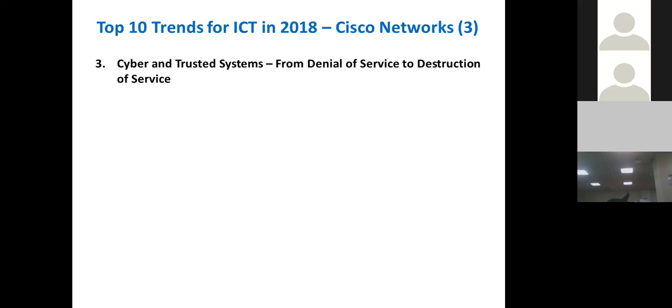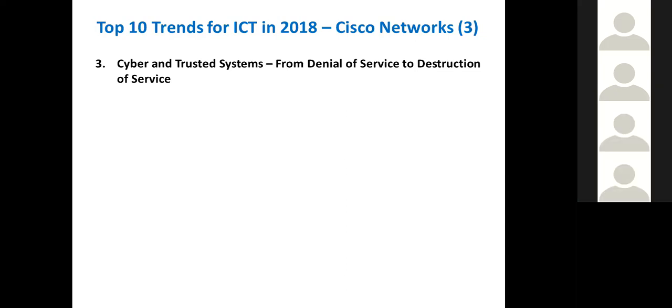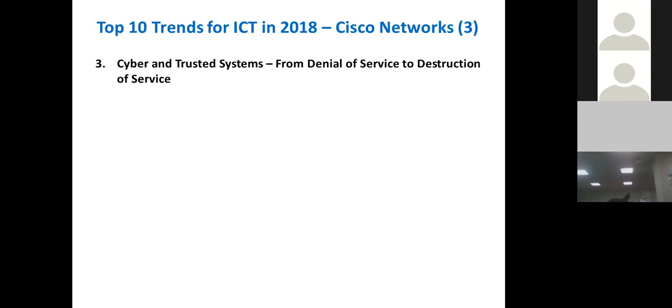There are allegations that Russia attacked Ukraine's utility, the computers that control the utility, and took the power out, and took the internet out.